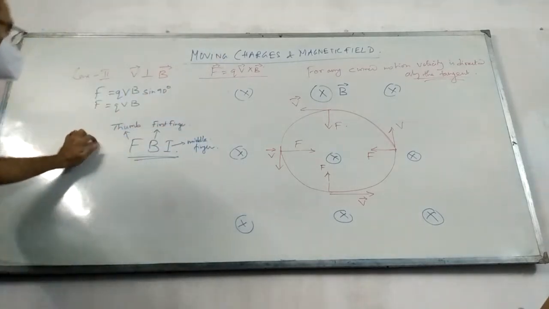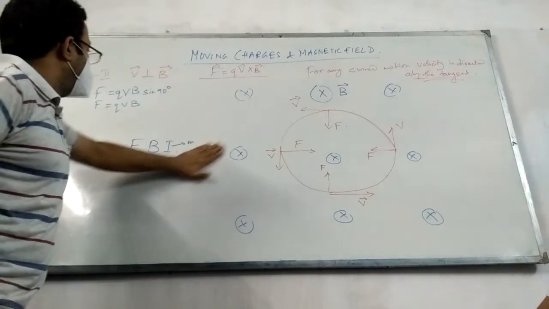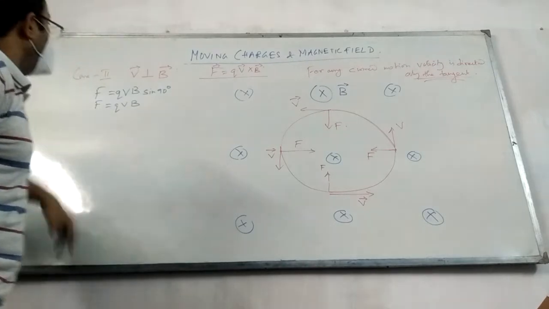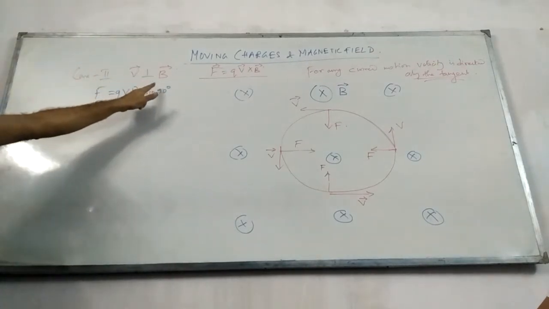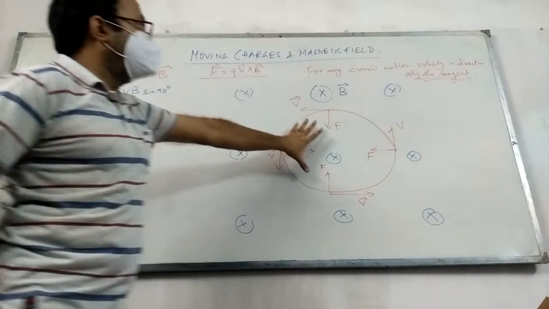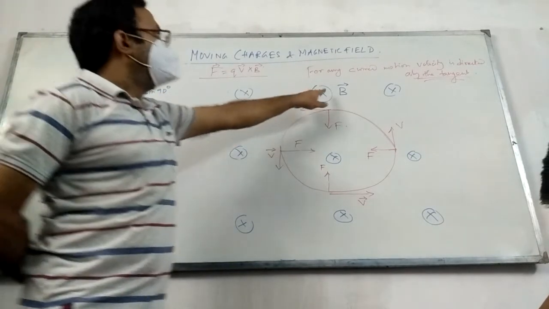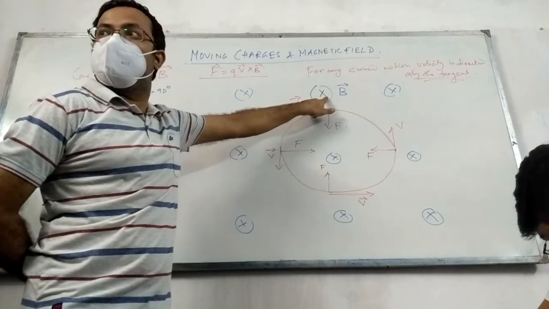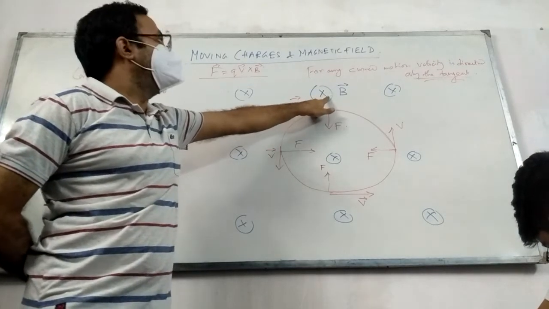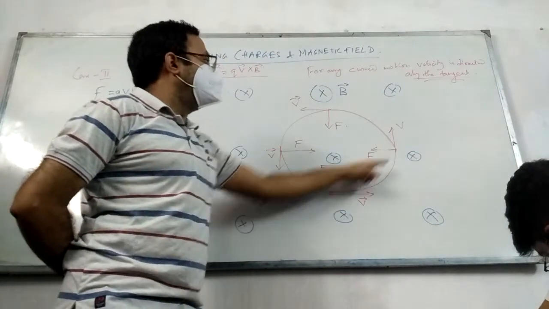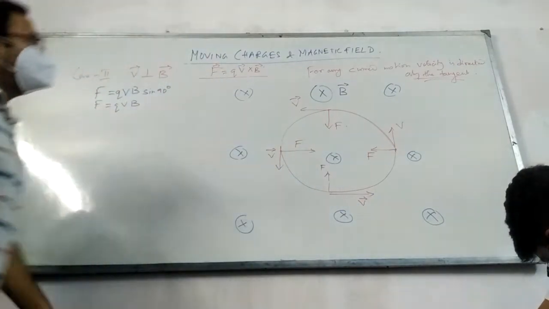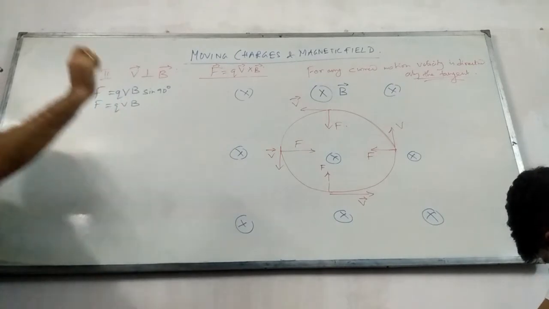Now let's come back to this. We have learned FBI. Case 2: did you write B is perpendicular to V? Make this diagram beside it quickly. B is going inside, cross mark, and F and V are directed in this direction. Taking this charged particle to be a positive charge.